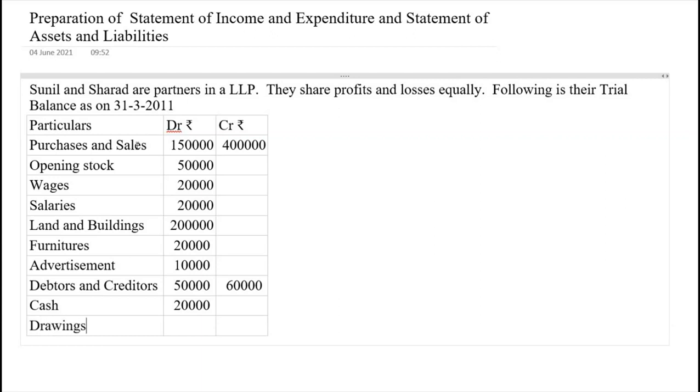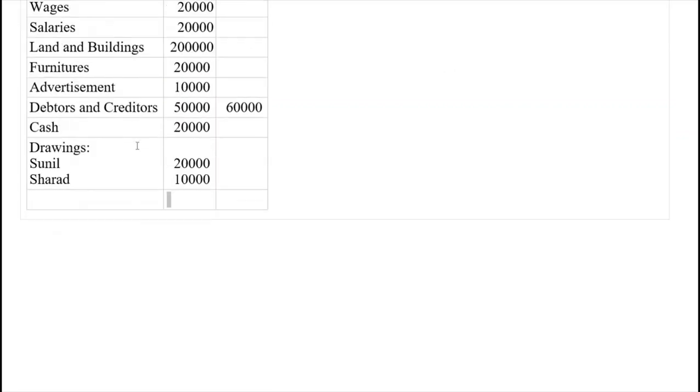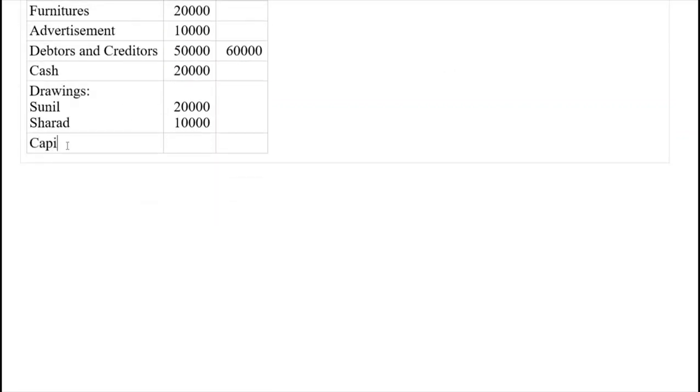Drawings: Sunil 20,000, Sharad 10,000. Capitals: Sunil 50,000, Sharad 60,000.